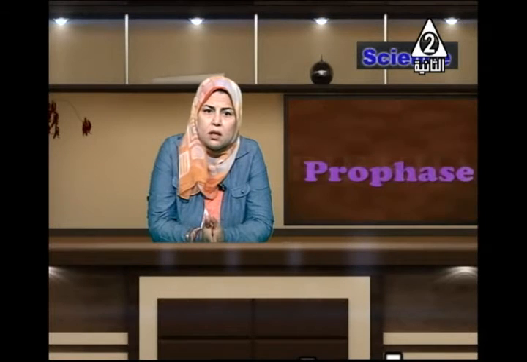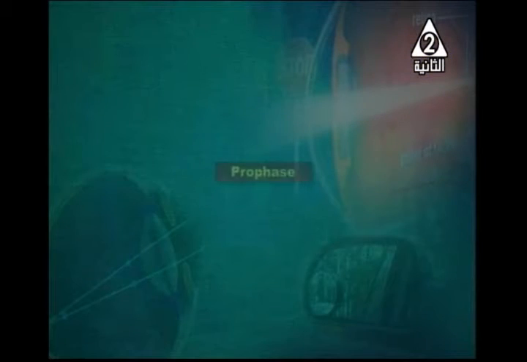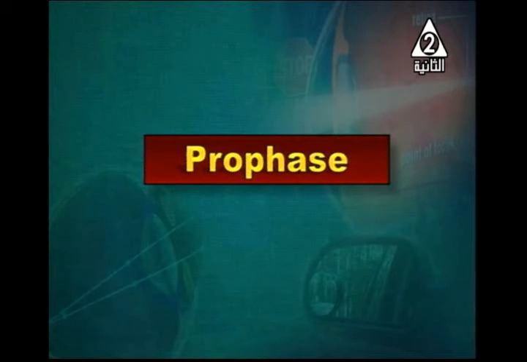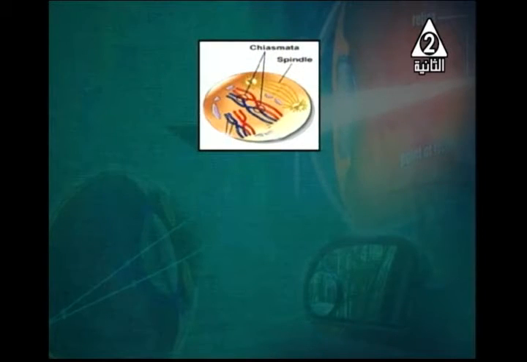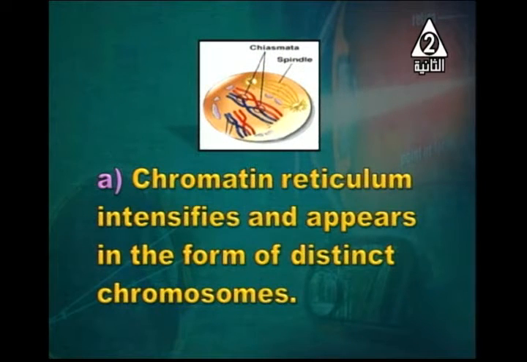So, the cell undergoes the first meiotic division stages to decrease its chromosome number to half for the formation of gametes. The first stage in the first meiotic division is prophase 1. What does the cell undergo in this stage?